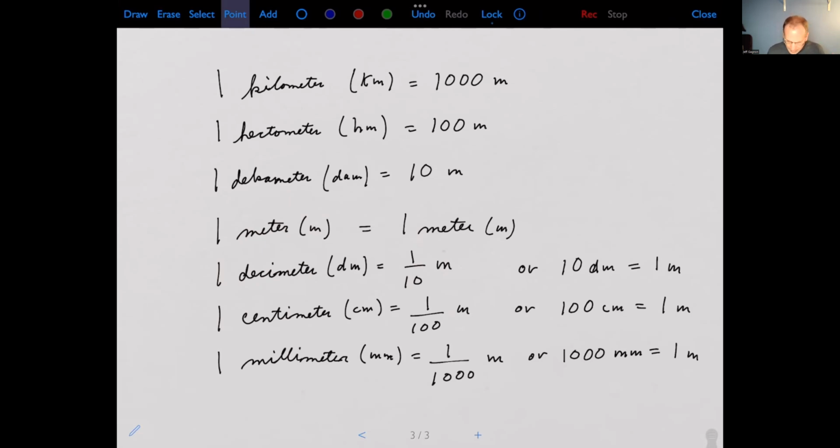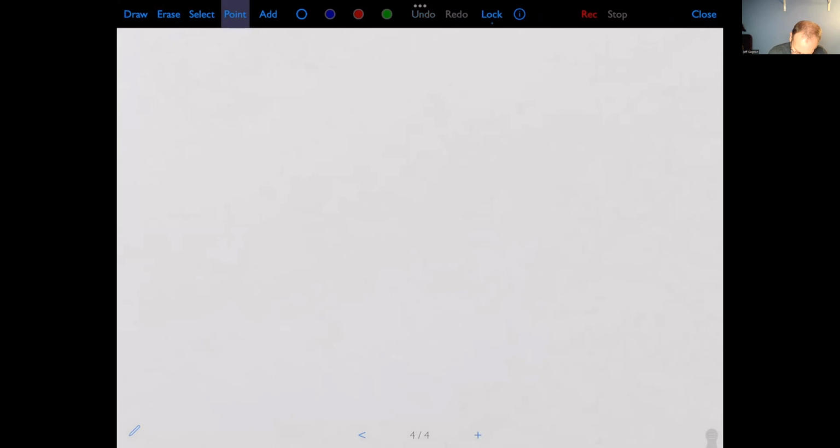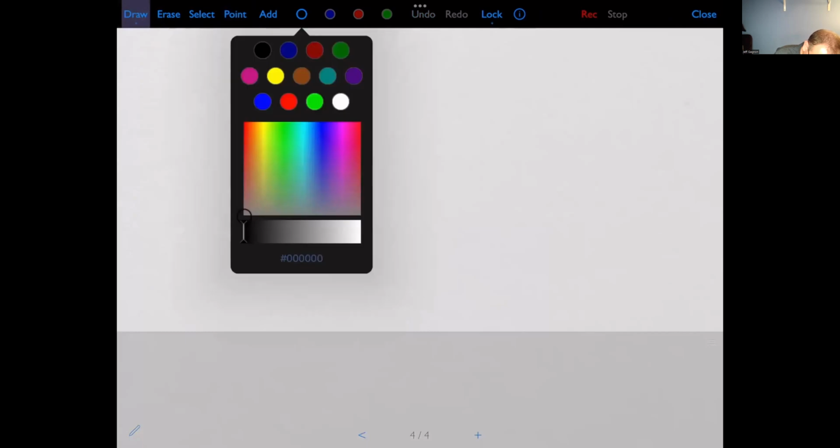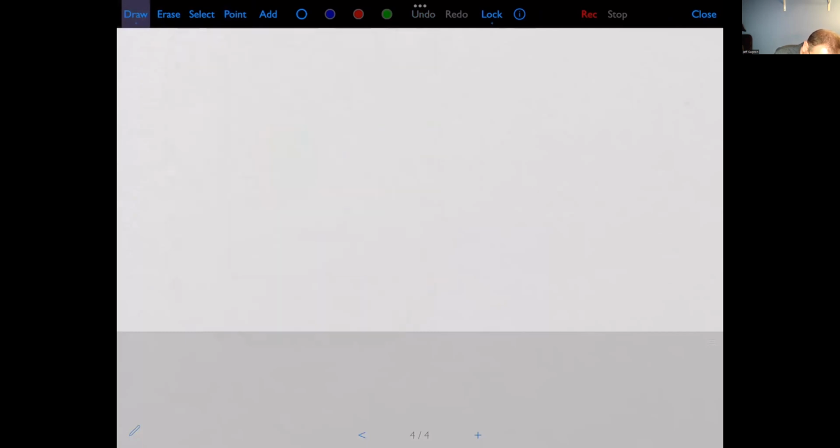Okay, so let's talk a little bit about conversions within the metric system. So for example, let's say that I want to convert 7.2 centimeters to millimeters.